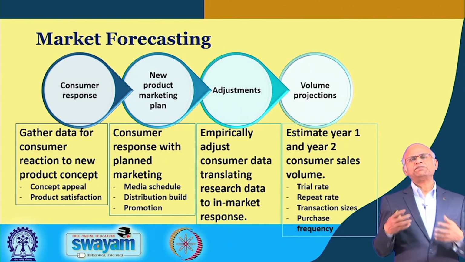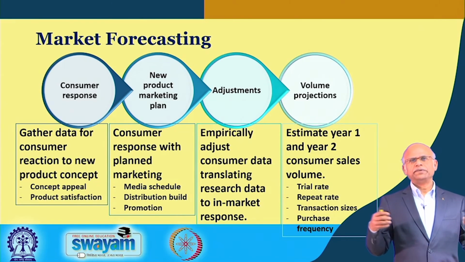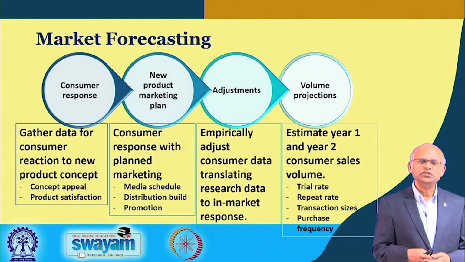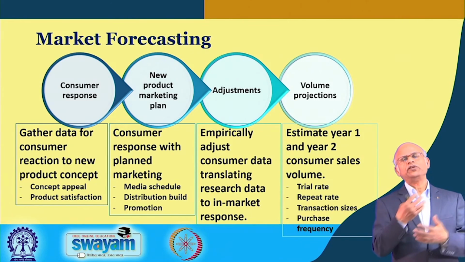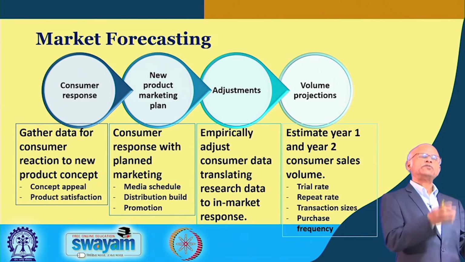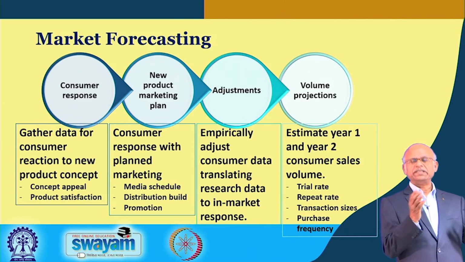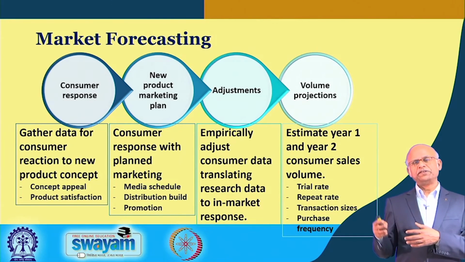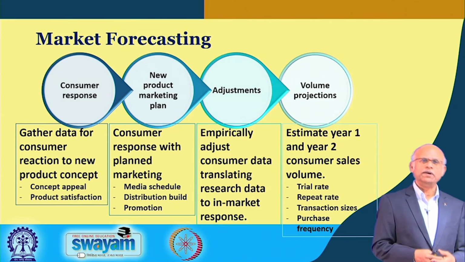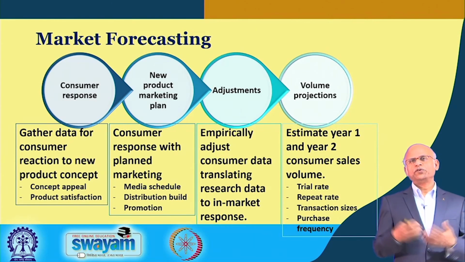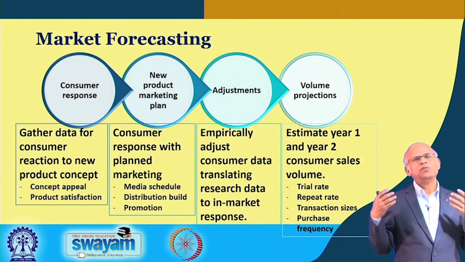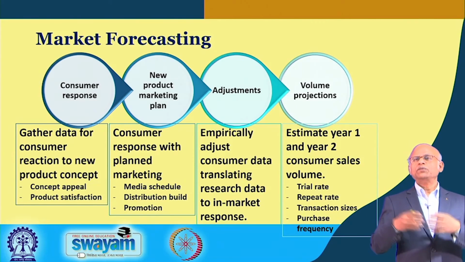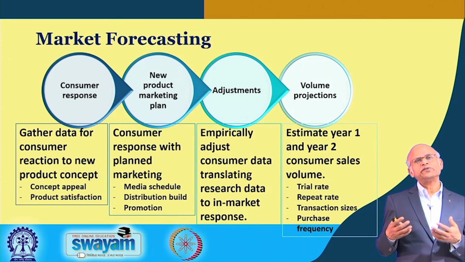Third is the adjustment factor, like what percentage of the consumers who are saying I will definitely buy are actually going to buy. So, you have to multiply with that factor. We have seen 80% of them, 30% of them, 20% of them actually buy. Then volume projection, meaning you estimate the first year based on how much awareness you are going to create, and maybe repeat sales also.